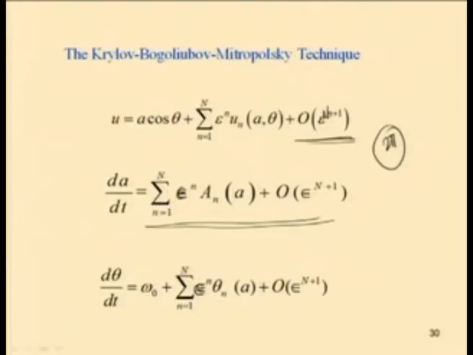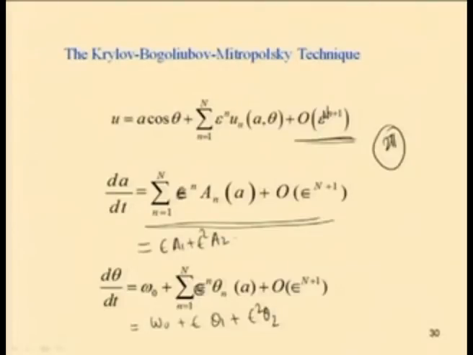So, for example, if one takes N equal to 2, dA by dt can be written as epsilon A 1 plus epsilon square A 2. Similarly, d theta by dt can be written as omega 0 plus epsilon theta 1 plus epsilon square theta 2.